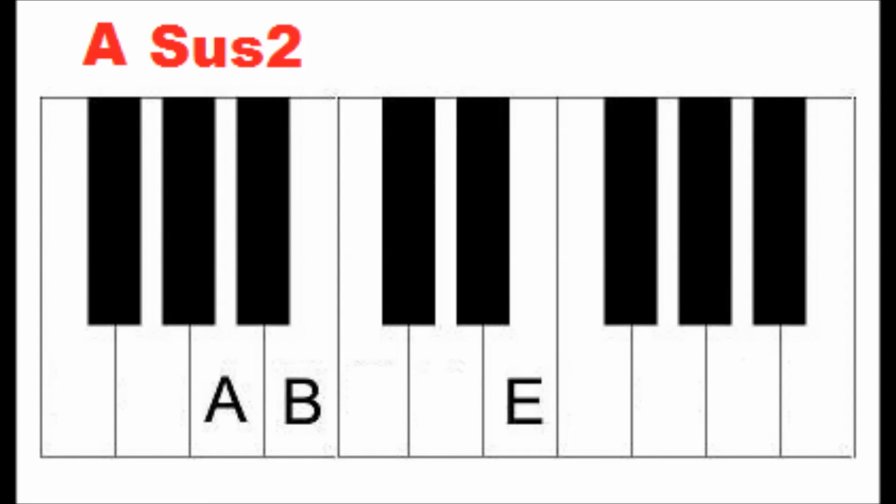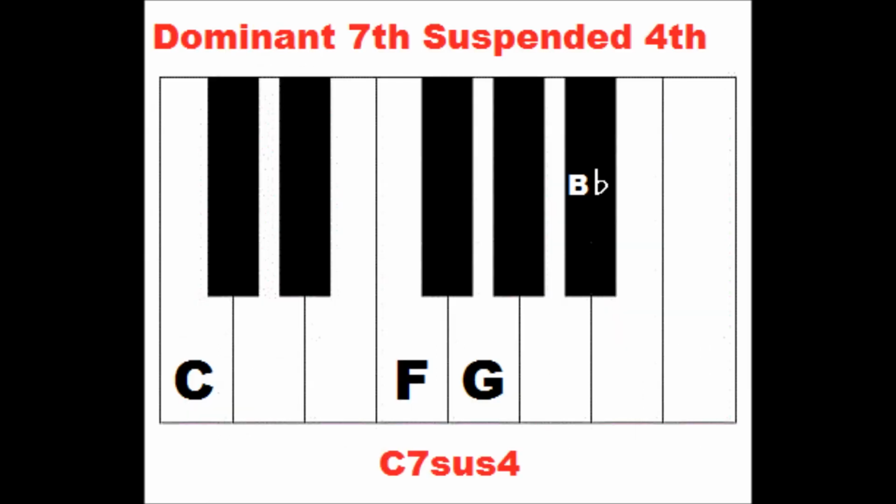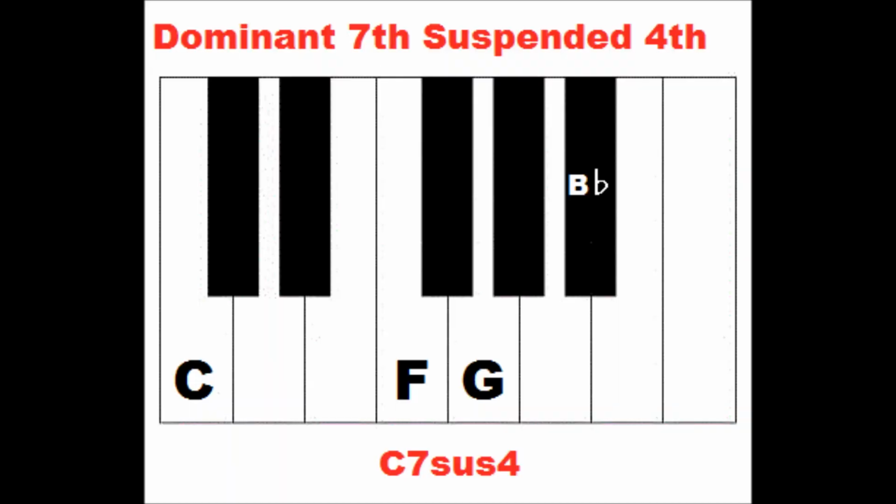There is another type of suspended chord called a dominant seventh suspended fourth chord. It's written like this: 7 Sus4. For example, C7 Sus4 is a C dominant seventh suspended fourth chord.